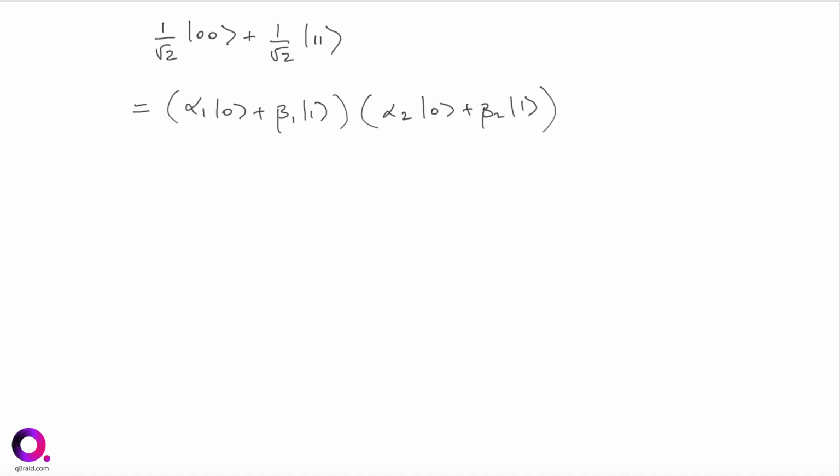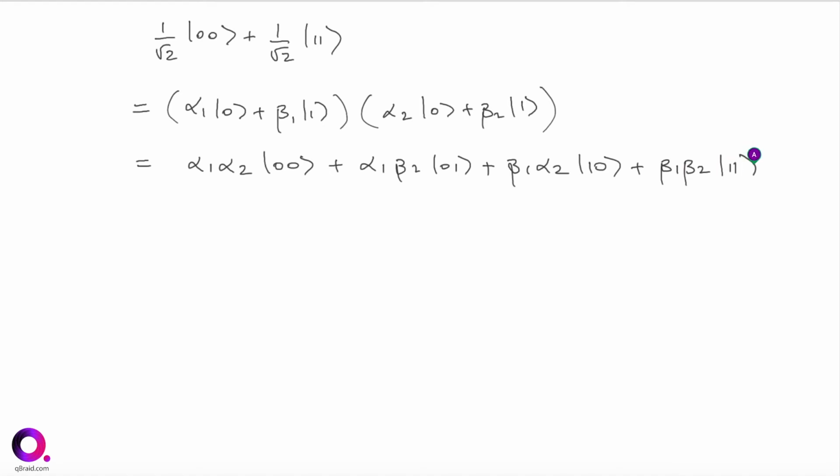Now, by the way that we have defined this notation of product of two single qubits, we can rewrite the latter as alpha 1 alpha 2 ket 0,0 plus alpha 1 beta 2 ket 0,1 plus beta 1 alpha 2 ket 1,0 plus beta 1 beta 2 ket 1,1.